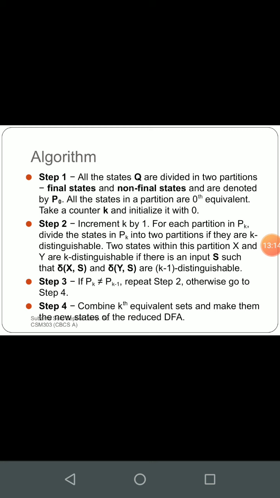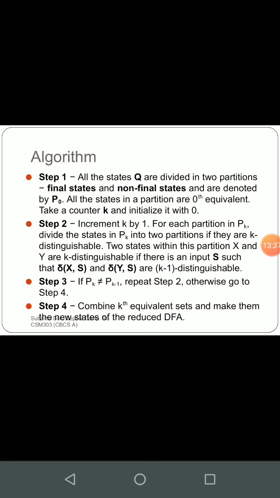So for the initial partition, P naught will be used, and take a counter K and initialize it with 0. Means we are just iterating, nothing else. First we will partition these into two portions, then we will see how to get much more partitions, and keep on doing so until two consecutive partitions result in the same value, right?